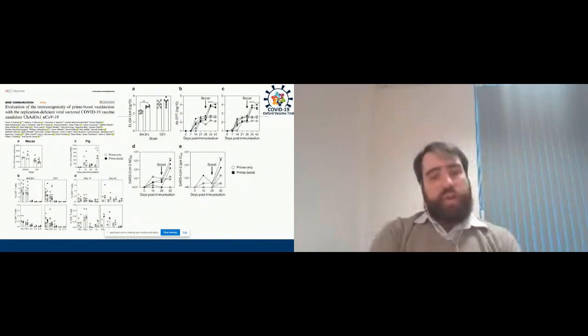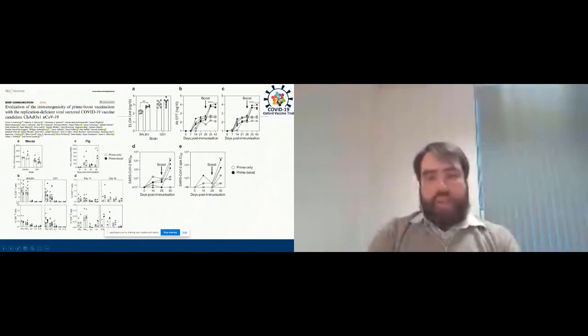Basically what we showed was that a second dose didn't do much for T-cell responses, which were not significantly boosted, but it did significantly boost antibody responses, most importantly neutralizing antibody responses, which is something that we hadn't previously seen because of multiple issues around homologous boosting with viral vector vaccines.